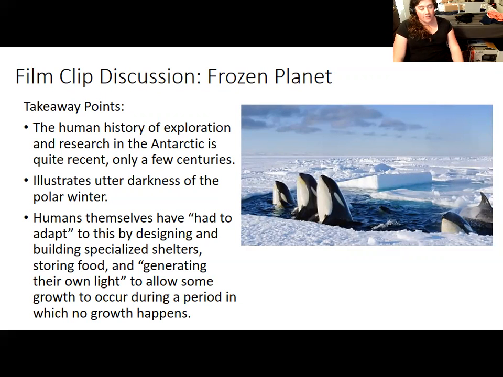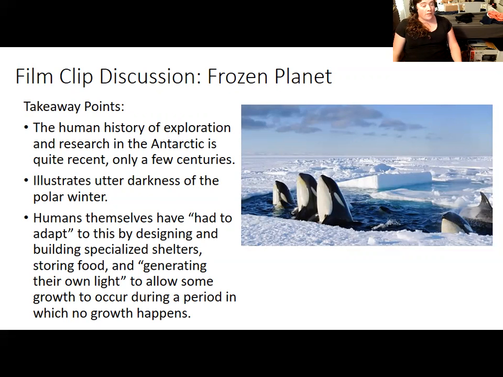I like the clip because it illustrates just how dark the polar winter is, and it gives a nice example of how humans have had to adapt, the same way as we'll talk about that many of Antarctica's modern wildlife has had to adapt, such as using blubber to deal with the cold, or huddling penguins, or insects literally freezing.